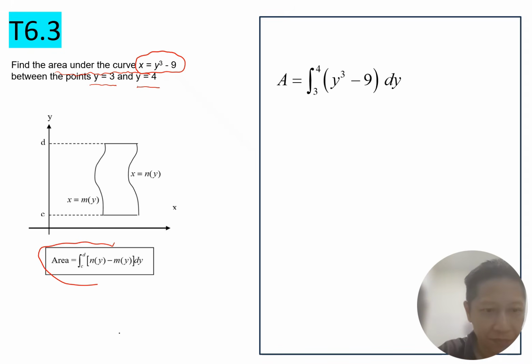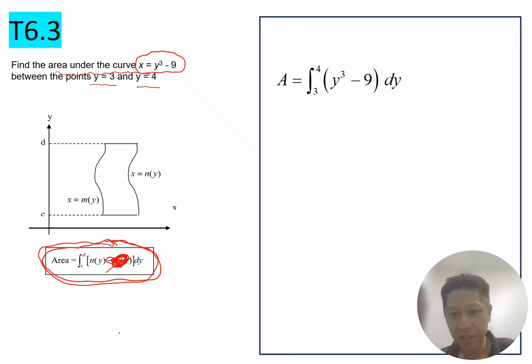This will be the formula. The below formula is for the case that we want to find the area bounded by two functions. Since the second function does not exist, we can just delete the second function here. This means that this will be our formula to find the area bounded to the y-axis.